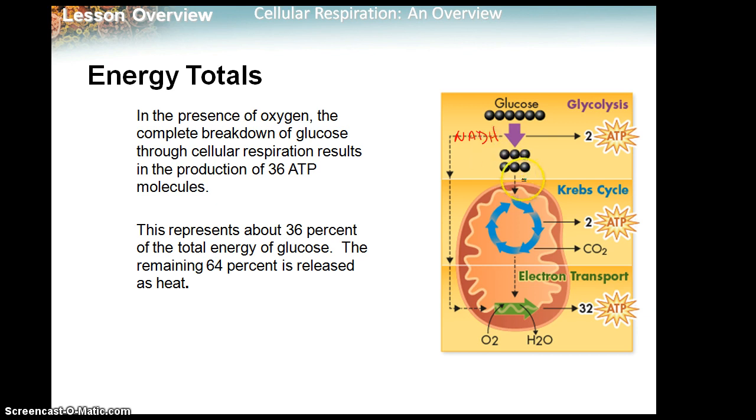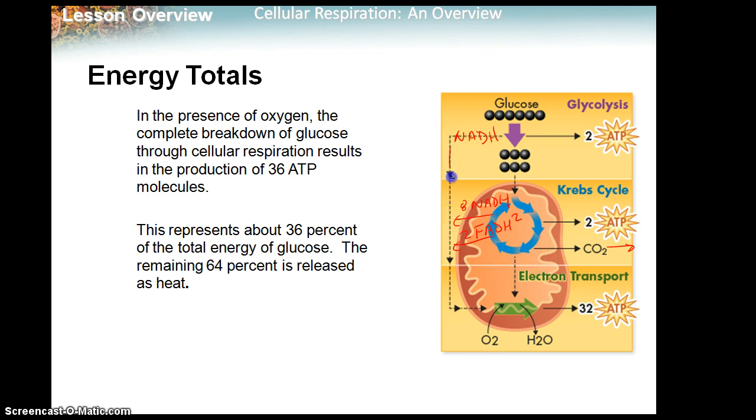And then in the Krebs cycle, we produce 2 ATP, and we get out carbon dioxide. Remember, that's being released into the atmosphere. And we're also getting out a total of 8 NADHs, and we're also getting 2 FADH2s.